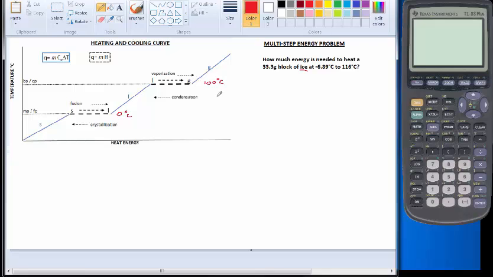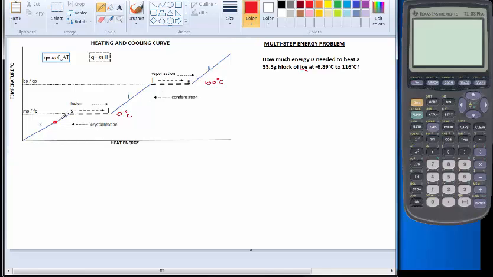Now that we know and understand what our melting point and boiling point are, we can reread our problem to determine how many steps our energy problem is going to have. Our problem states that we have a block of ice at negative 6.89 degrees Celsius. That means that our problem is going to start somewhere about here on our heating and cooling curve.